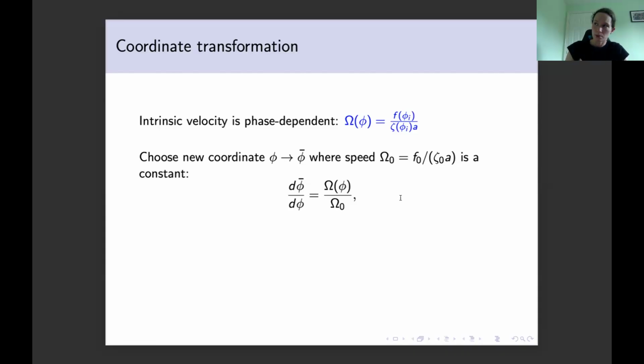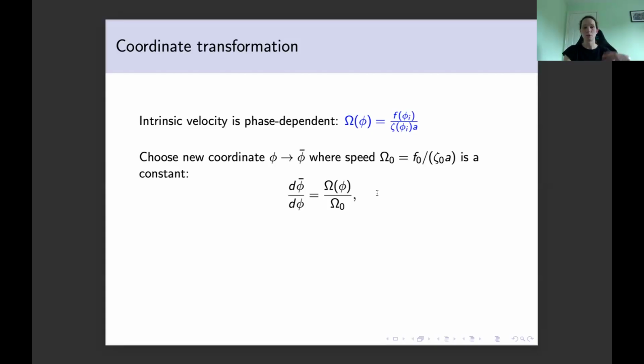One of the things about a metachronal wave that we're looking for is a fixed phase difference between neighbors. That's made slightly complicated by the fact that we've got an intrinsic velocity that's phase dependent. So this is not constant. So what we can do to handle that better is choose a new coordinate, and we're going to call it phi bar, where the intrinsic phase velocity is constant.